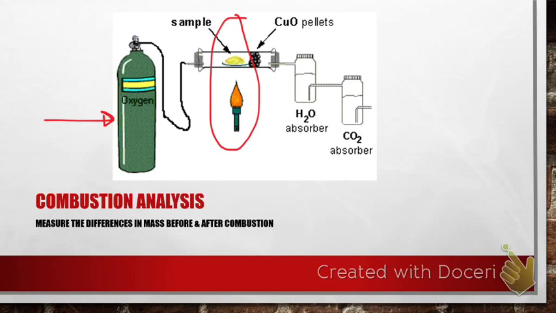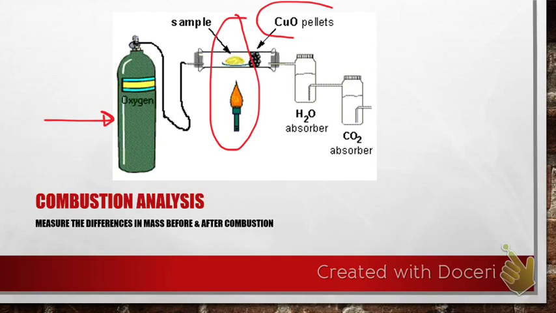So what happens is, as the sample is heated and breaks apart into its individual molecules, this allows for the elements to combine, and all of the carbon is converted into carbon dioxide since it's a combustion reaction.